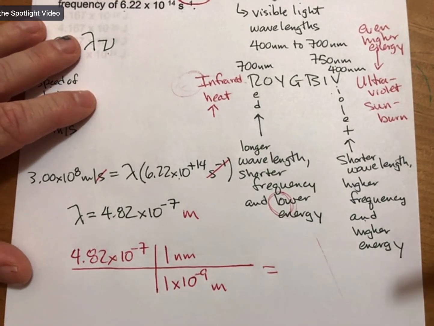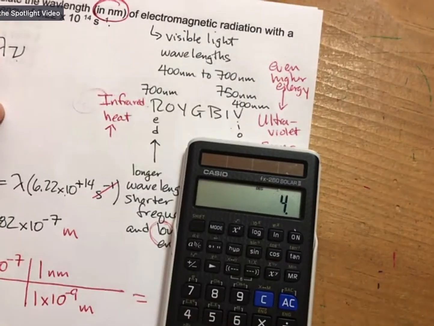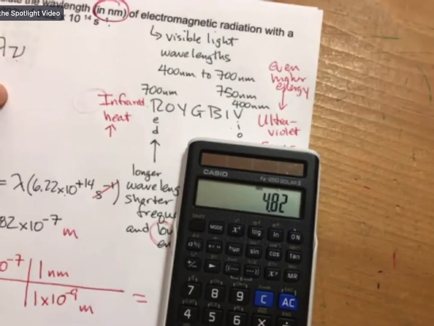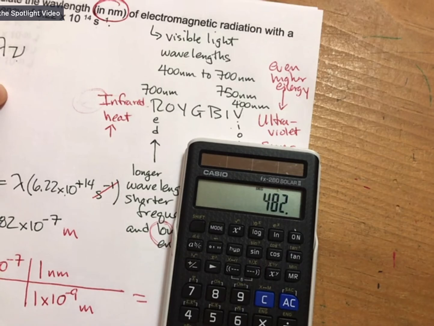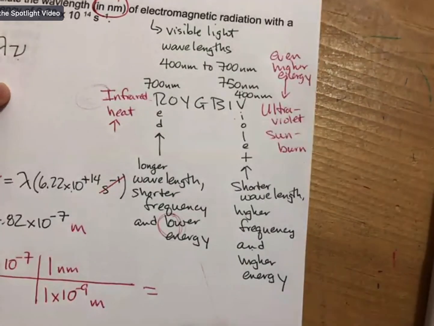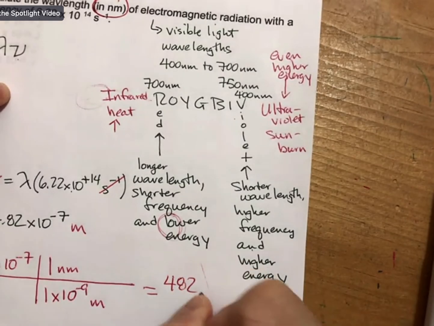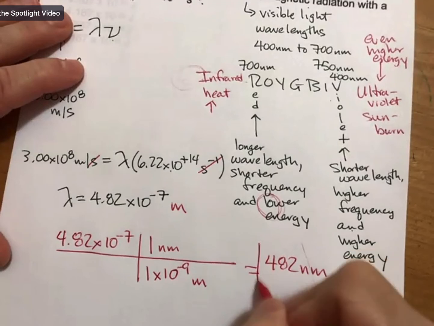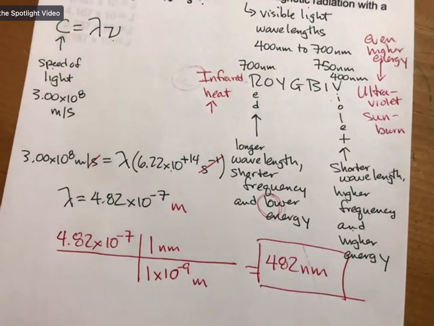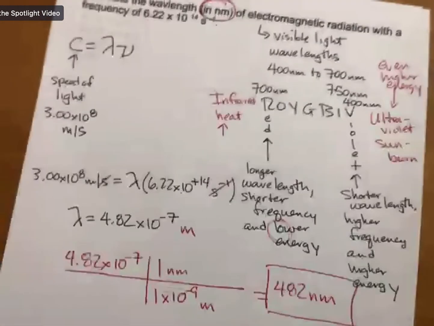And so I will take my 4.82 times 10 to the minus 7, and I'll divide it by 1 times 10 to the minus 9, and get 482 nanometers. There we go. And that 482 number is the number that you will put in for this.